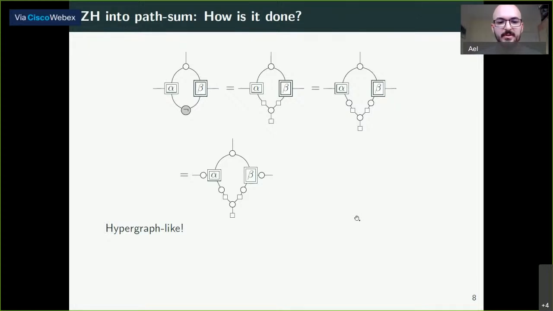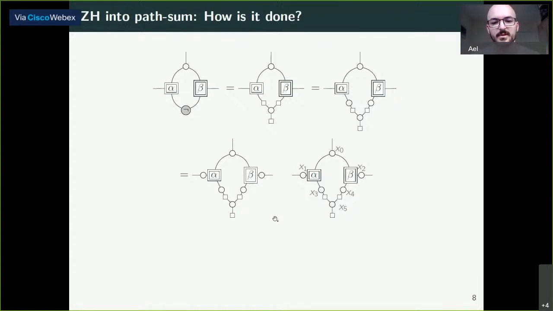Why hypergraph-like is, if you consider white dots to be vertices and H boxes to be edges, you have a hypergraph, and you can only translate a ZH diagram into a path sum if it is hypergraph-like. Then you can label the white dots with the variables.